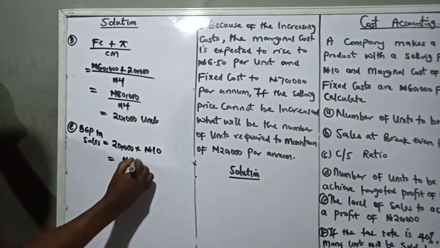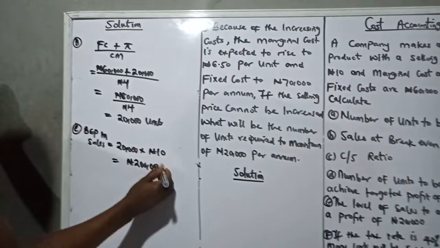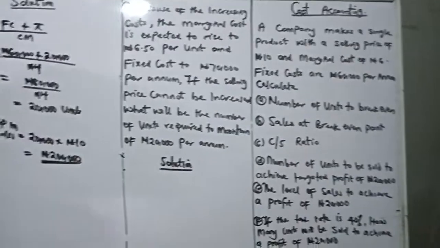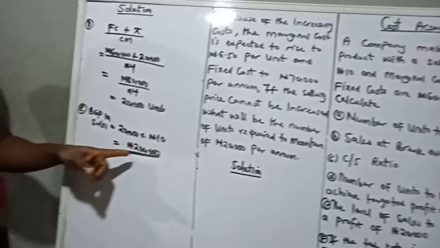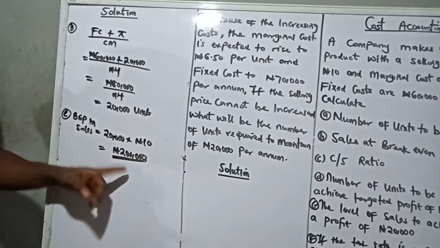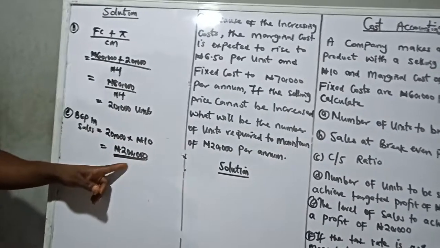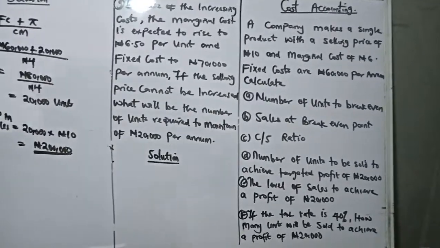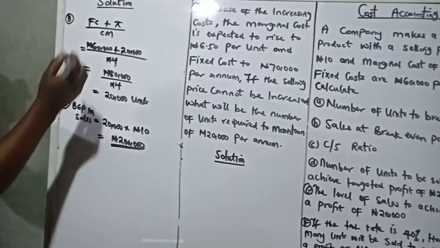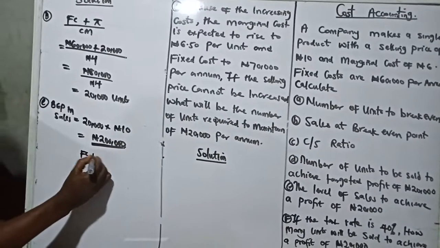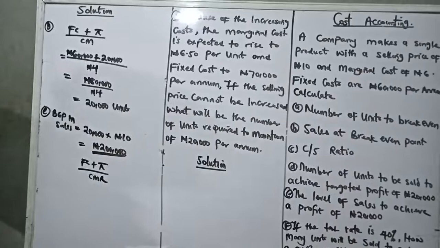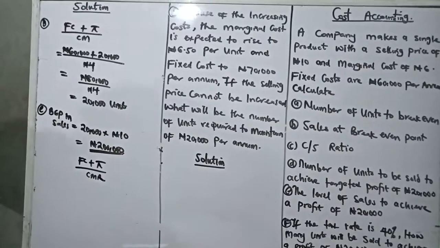So this will give us 200,000 naira. So for them to achieve a profit of 20,000 naira, they have to sell 200,000 naira. If you don't want to use this formula, you can just do this one: fixed cost plus targeted profit all over CMR. Any of the formula will give you the answer.